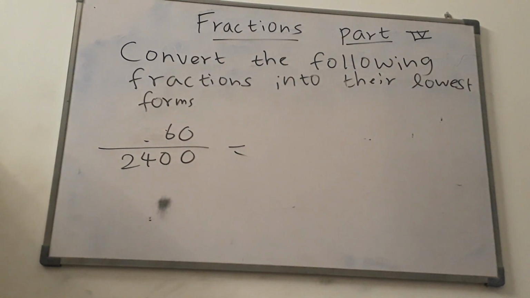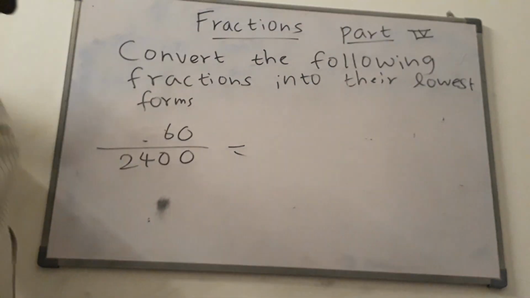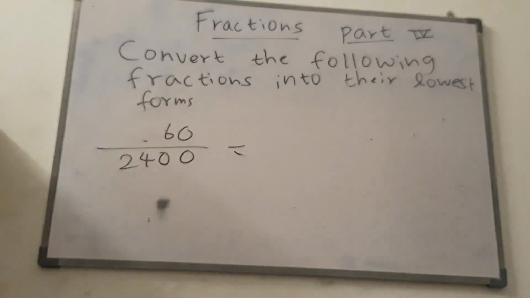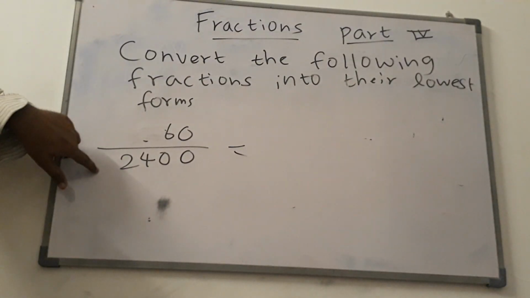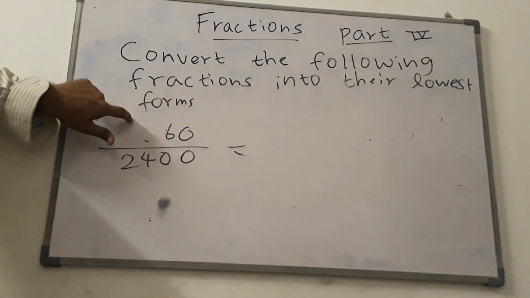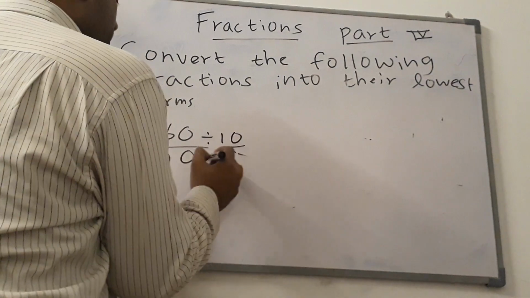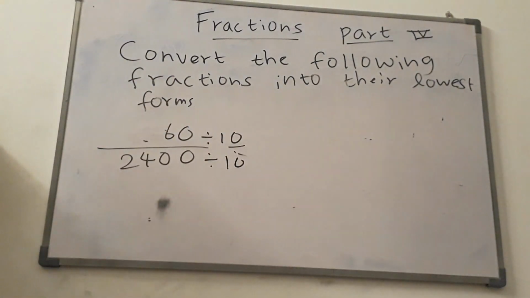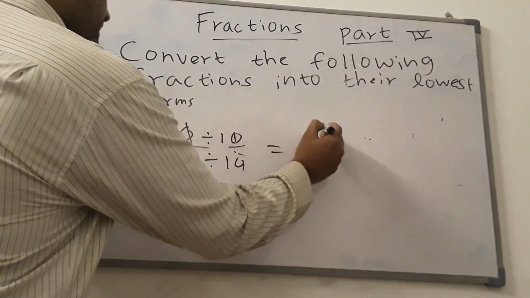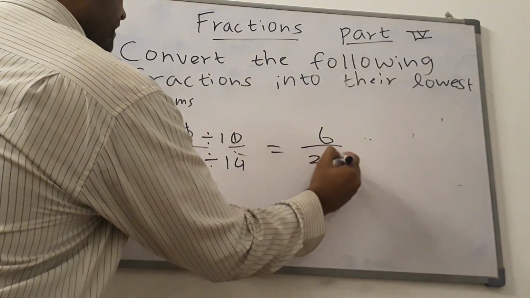How can we do this? 60 is not divisible by 100, but 60 is divisible by 10. 2,400 is divisible by 100 as well as 10, but 60 is only divisible by 10. So we can divide both by 10 because there is a 0 after 6 as well as a 0 after 240. So one 0 is gone from each, and it is 6 over 240.